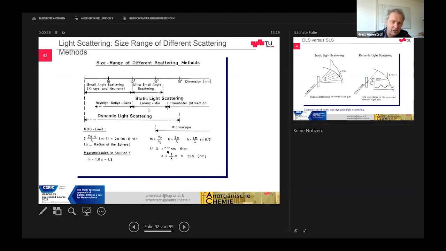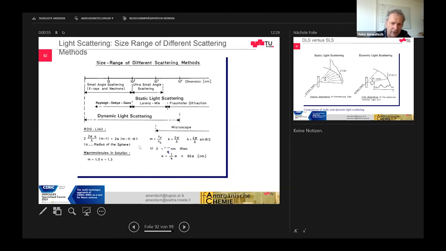Then in this regime here, which is easily accessible with light scattering, you change the theory and it becomes very complicated. So this is called the Lorentz-Mie regime, but you still can do data interpretation, taking into account this Lorentz-Mie regime. And last but not least, you end up here with the Fraunhofer diffraction.